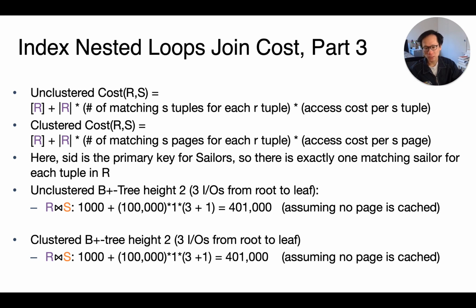For instance, if a page can hold 10 tuples and there are 10 matching tuples total, then the cost for the unclustered index will be 10, the number of matching S tuples, times 4, the cost of accessing each tuple, while the cost for the clustered index will be 1, the number of matching S pages, times 4, the cost of accessing the page, which is quite a difference.